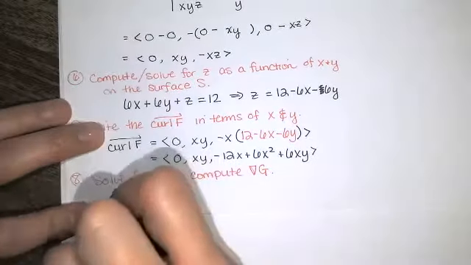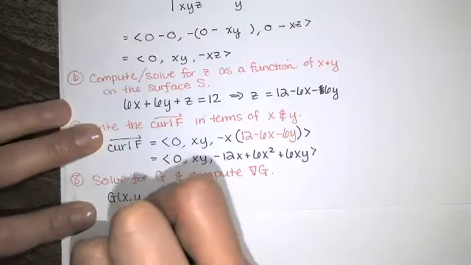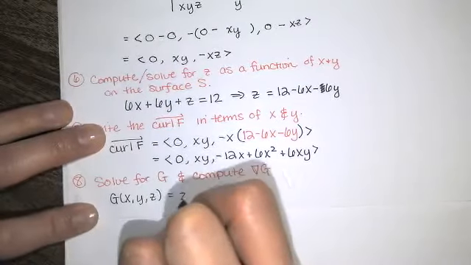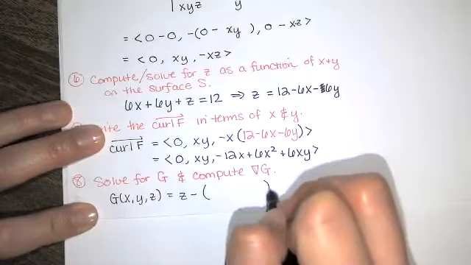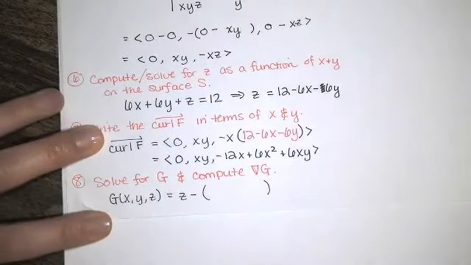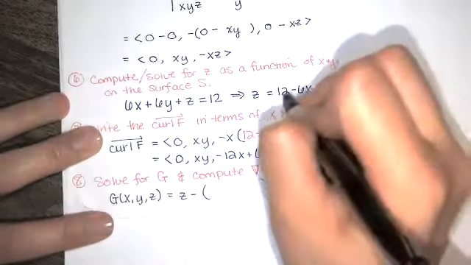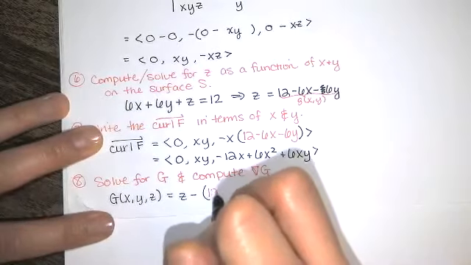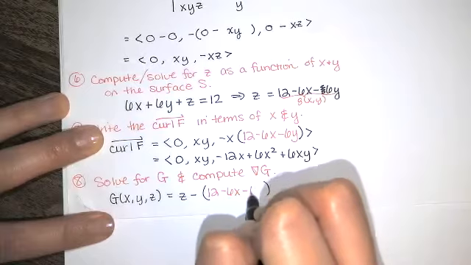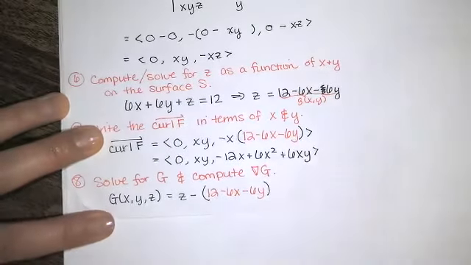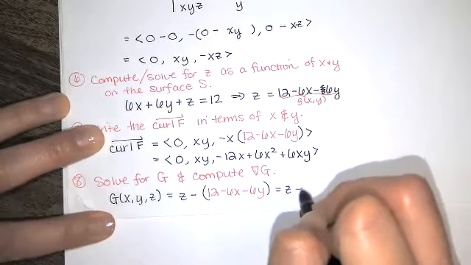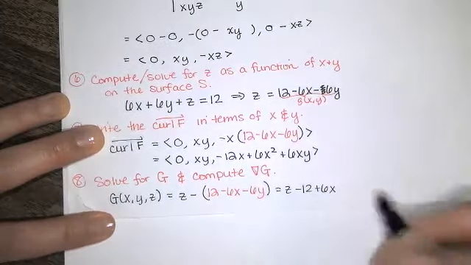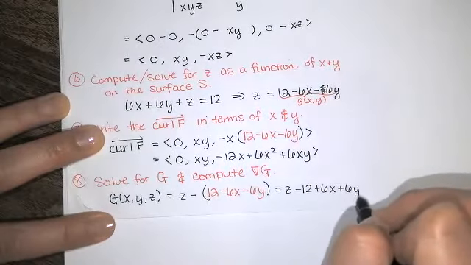So G is a function of x, y, and z, and it's z minus whatever z was in terms of x and y. So this is little g of xy. So I'm subtracting 12 minus 6x minus 6y, and if we simplify, we get this, just distributing the negative.